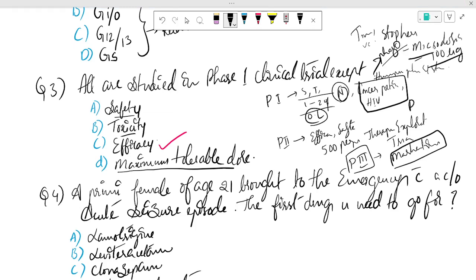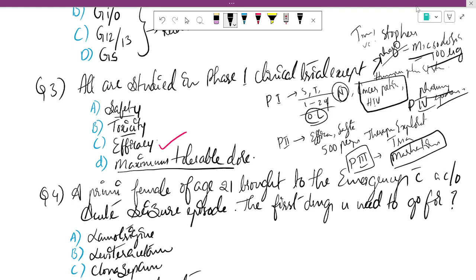And we have one more phase called phase 4. Phase 4 is something called pharmacoepidemiology. It's actually not a trial. It just ensures that you check each and every... sorry, it's not phase 4, it's phase 5.